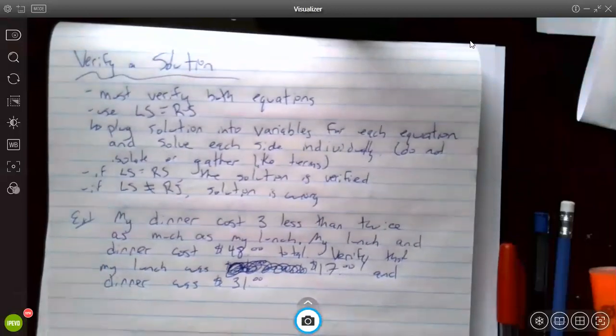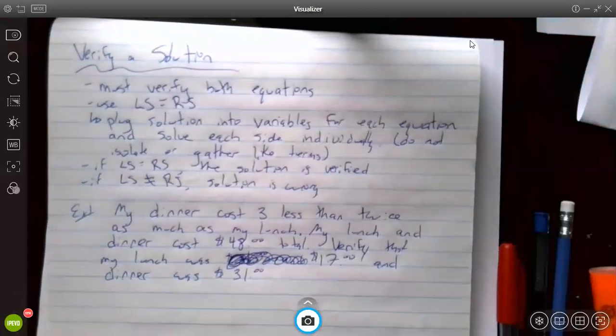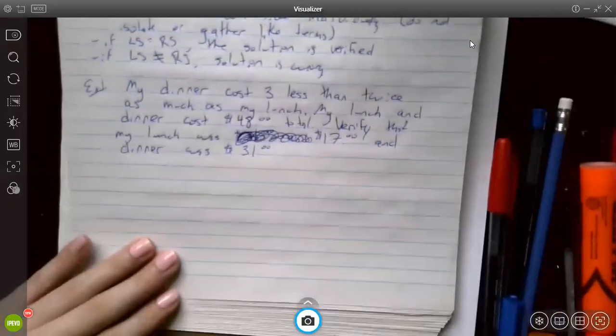So in this example, it says my dinner cost 3 less than twice as much as my lunch. My lunch and dinner cost $48 total. Verify that my lunch was $17 and dinner was $31. So in this case, you're not given the equations, so you are going to have to start by writing out what the equations are.